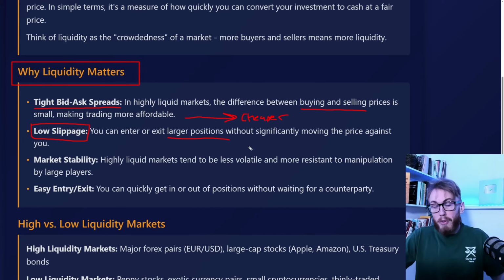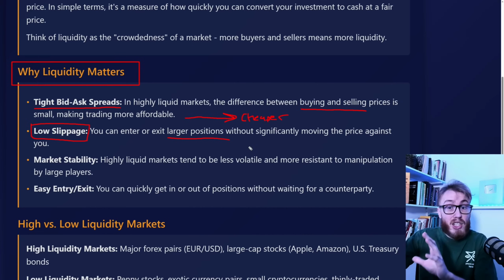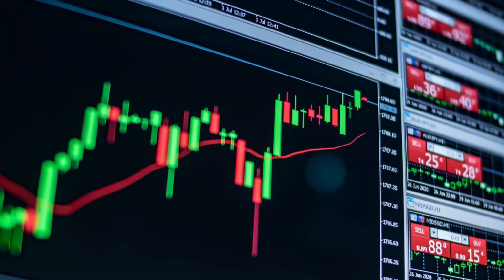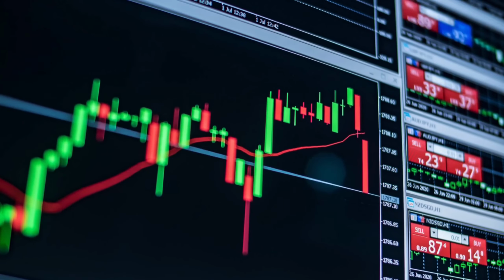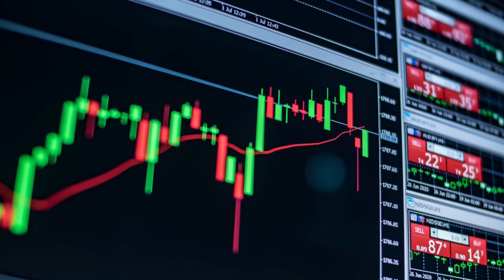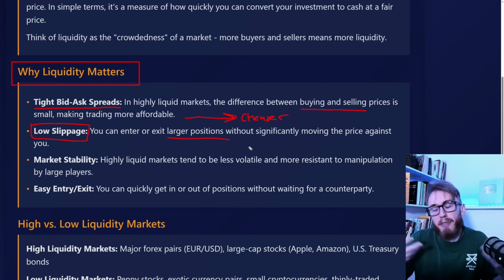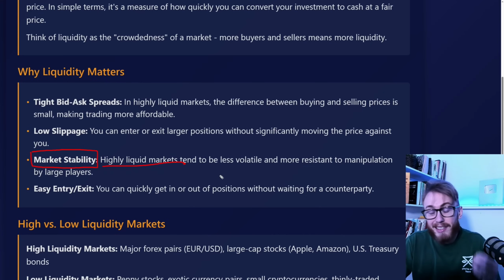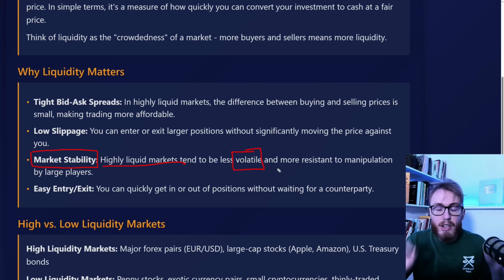So for example, if some of you watching are very large traders, you know that if you are trading a small stock or, for example, a small altcoin, you yourself can actually move the price a lot. And that is something we preferably want to avoid. Another very nice thing about liquid markets is market stability. Highly liquid markets tend to be less volatile, and volatility is a very important concept to understand.